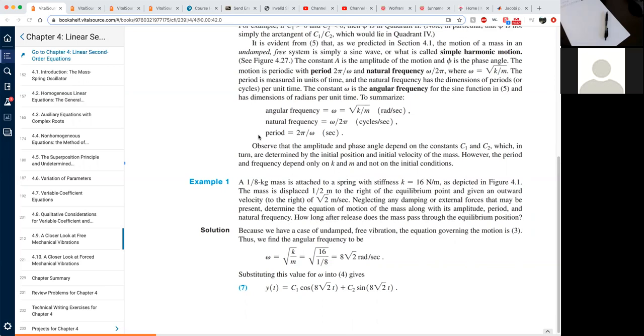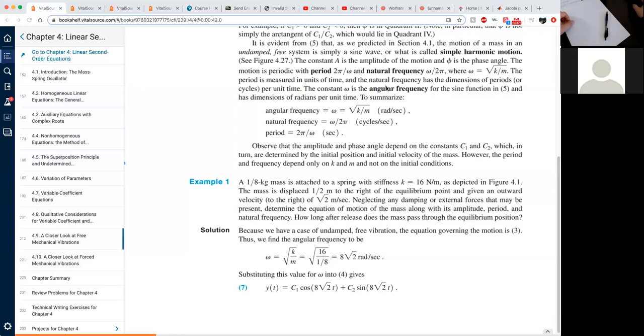So neglecting any damping or external forces means that the first order derivative term is 0 and the external force is 0. Okay, determine the equation of motion of the mass along with its amplitude, period, and natural frequency. Then how long after release does the mass pass through the equilibrium position?